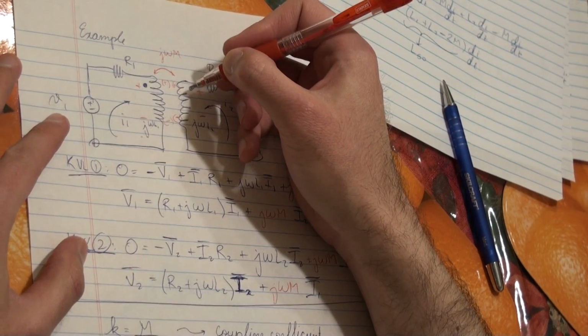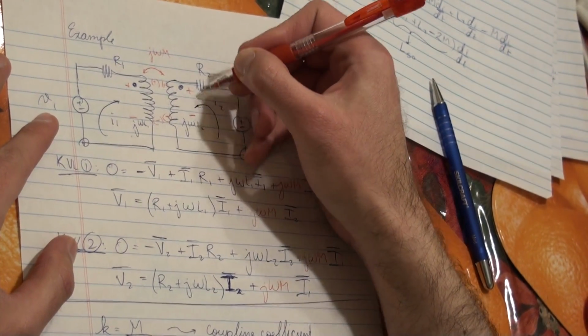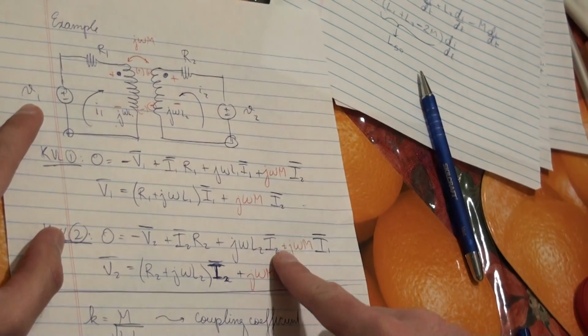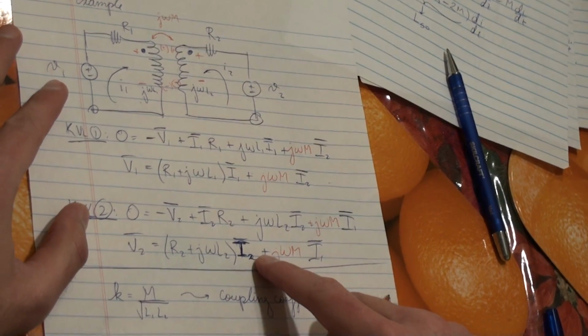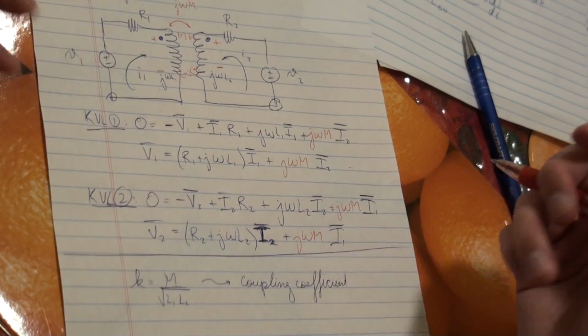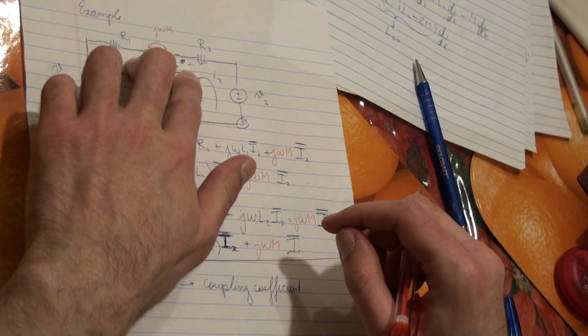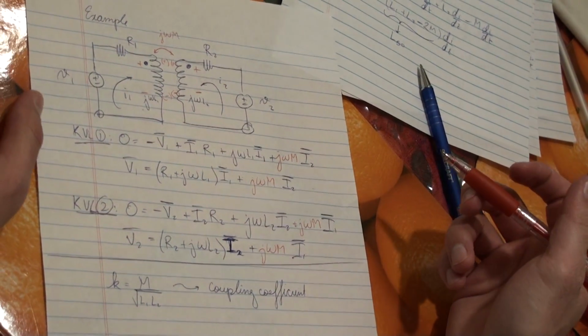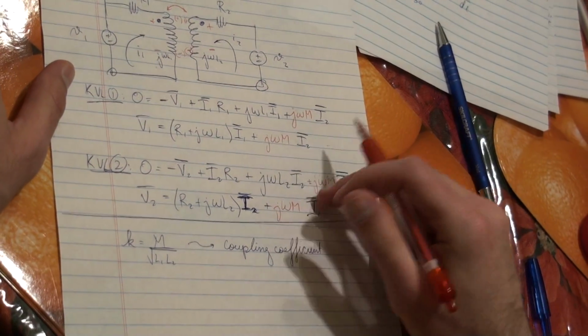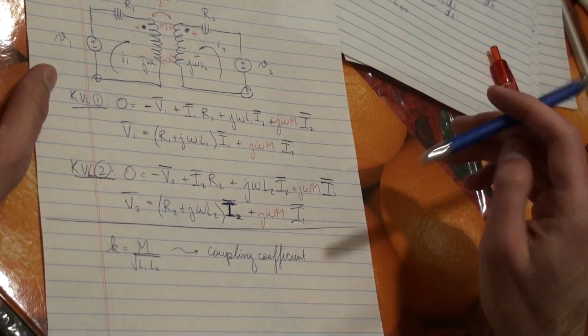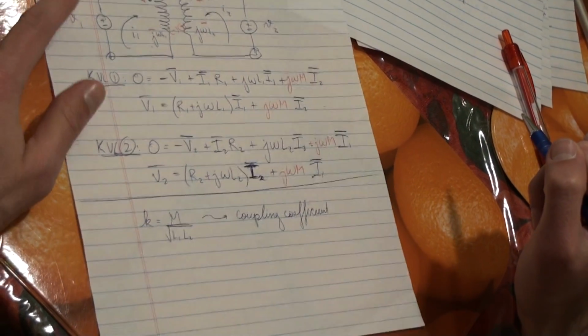So for the mutual inductance, current is going this way, so we see plus first, then minus. That's why I knew to put a plus here. If this dot were over here, it would be a minus, but in this case, because the dots are in the same spot, it's plus. That's how I knew it was plus. So don't forget that when you're analyzing your own circuits.